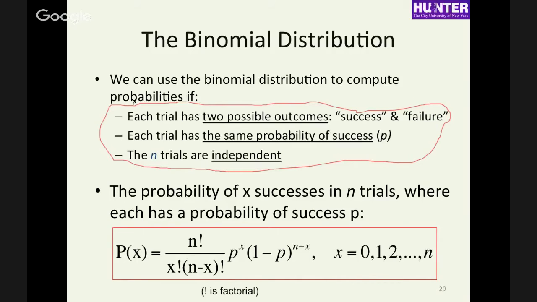So if those things hold, then here is your probability of X successes in N trials. So successes being that the outcome of interest, the number of times that it has happened, so the number of people with diabetes or cancer, or the number of heads that you flipped, that's X in a certain number of N trials.